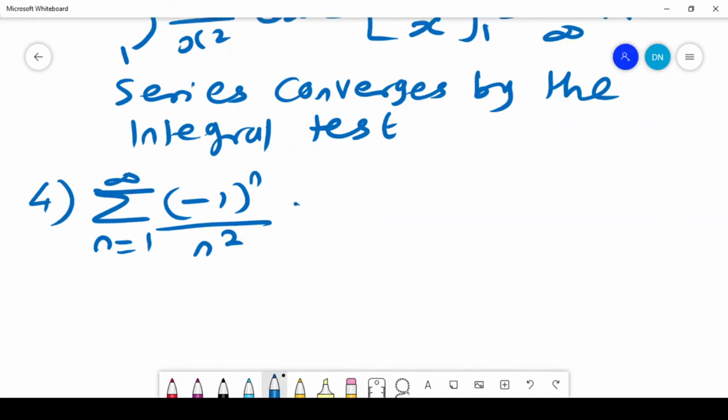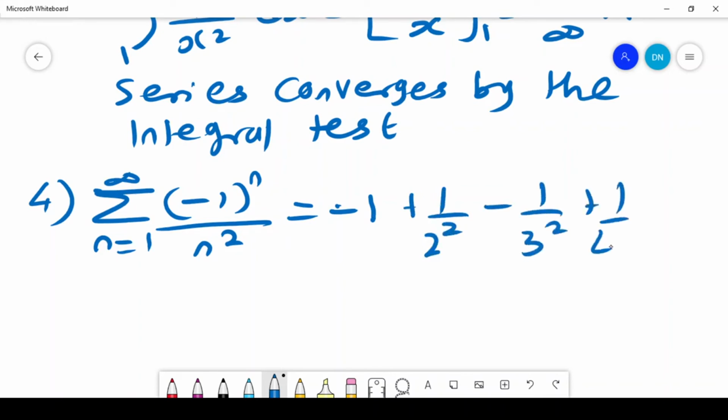Remember, this would look something like this: 1, then plus 1 over 2 squared, minus 1 over 3 squared, plus 1 over 4 squared, and the list goes on. Now this is what we refer to as an alternating series.